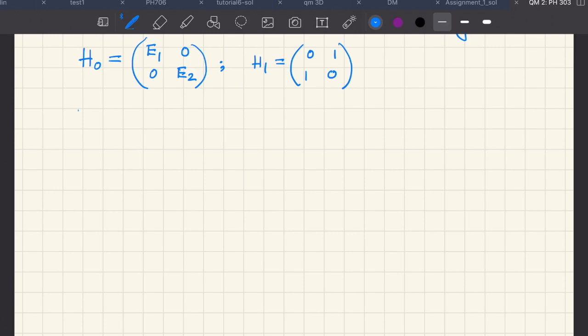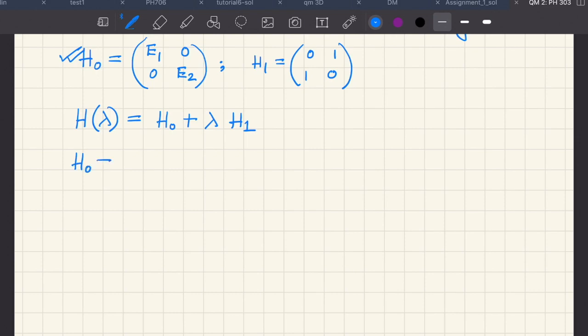So as you remember, our total Hamiltonian H, a function of lambda, consisted of the unperturbed Hamiltonian H naught and a perturbation H1. For H naught, we will choose the Hamiltonian for the two-state system as I just mentioned, but we will choose E1 and E2 to be equal, and we will just choose the number 1 to make our life as well as the calculations simpler.